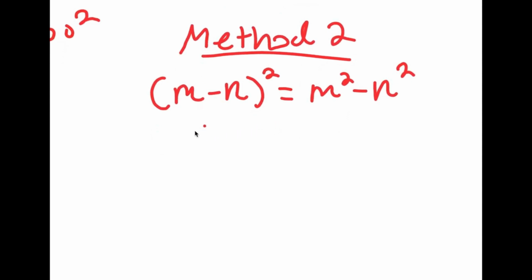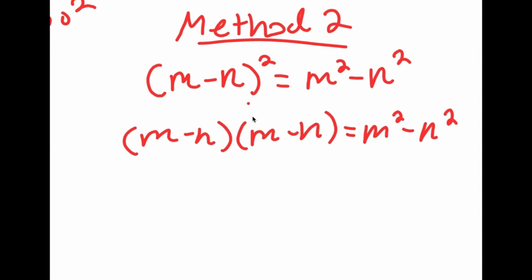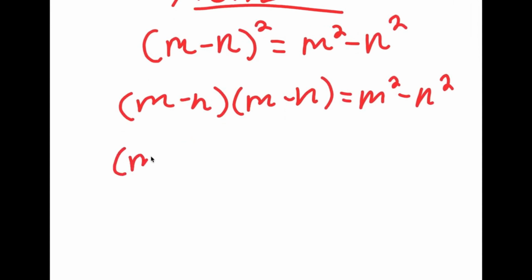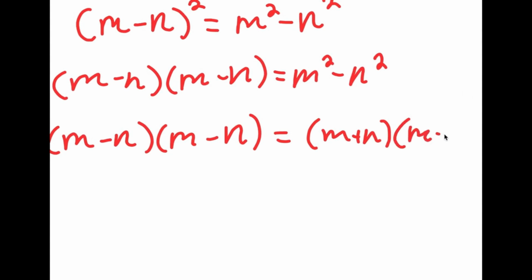And now this time, I'm going to again expand (m minus n) squared to (m minus n) times (m minus n). And now from here, I'm going to rewrite m squared minus n squared as (m plus n) times (m minus n).